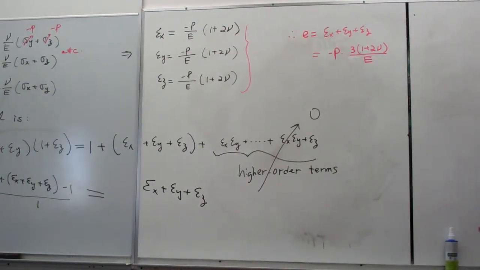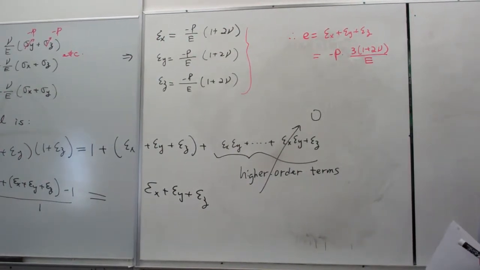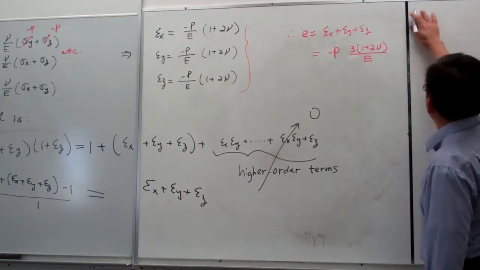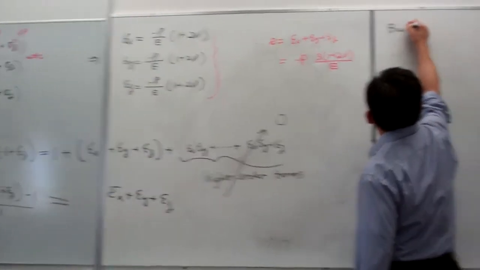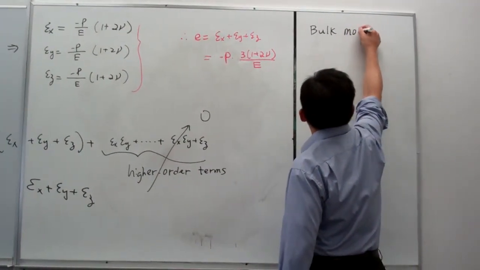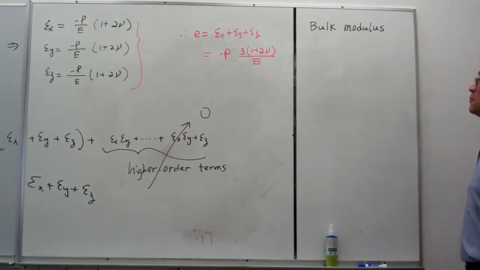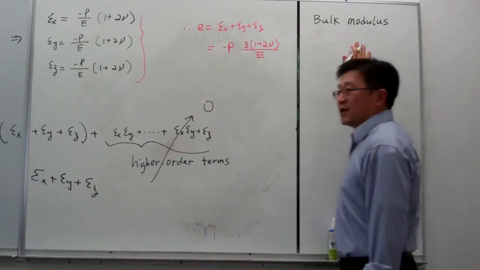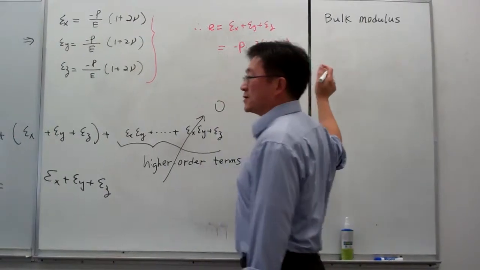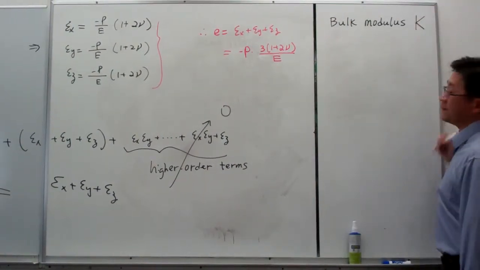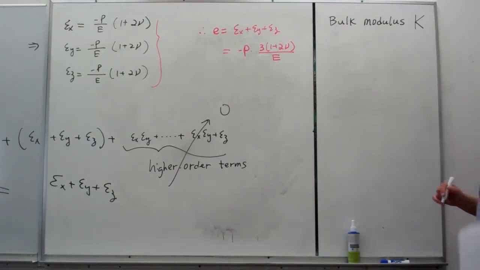But using this example, I'm going to introduce an additional term, which we call a derived term. It's called the bulk modulus. Bulk modulus is a material constant, a material property, and we use K, a very common symbol for this.